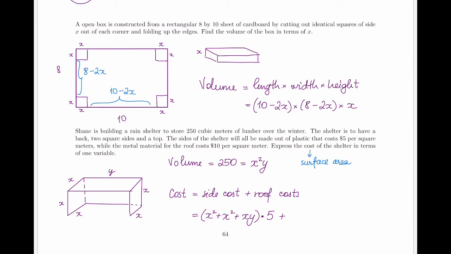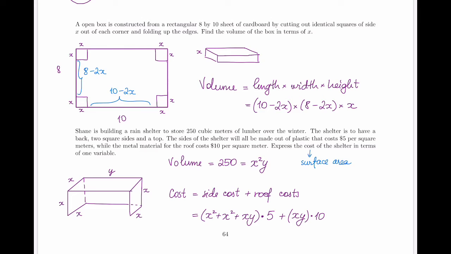So the roof surface area, this is my roof, and I can see that it's also a rectangle with dimensions x and y. So the total surface area of the roof is xy, and each square meter of that is worth $10. So I have to multiply this whole thing by 10 now.